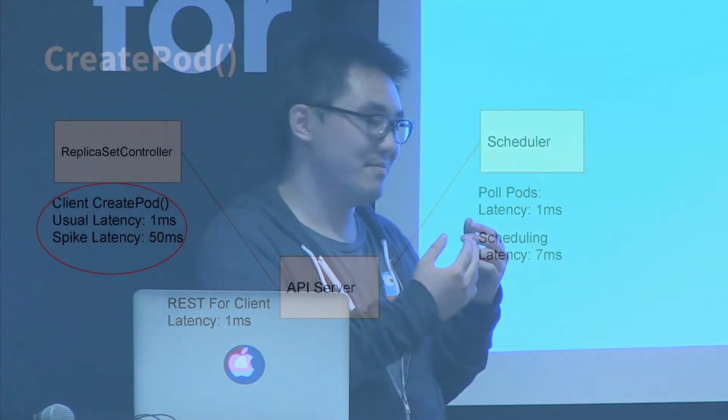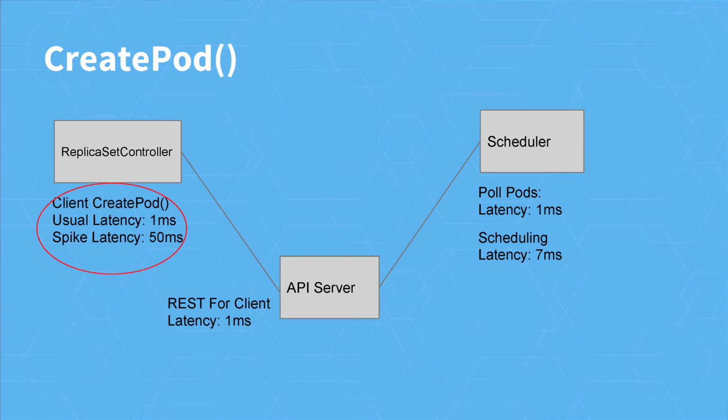In the API server, the REST response for the client is usually 1 millisecond. In the scheduler, it's pulling pods at 1 millisecond, and the scheduling latency is 7 milliseconds, so 8 milliseconds combined. In this diagram, we can easily see that the client is problematic because it goes up to 50 milliseconds, and that potentially becomes a bottleneck because it's larger than everything else.